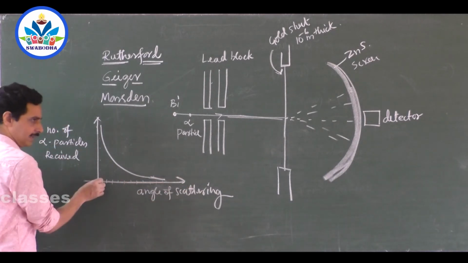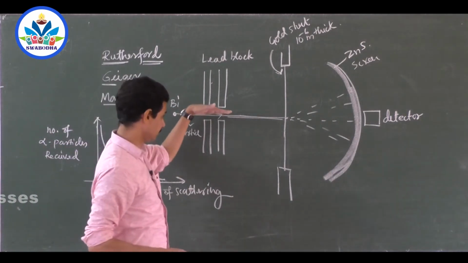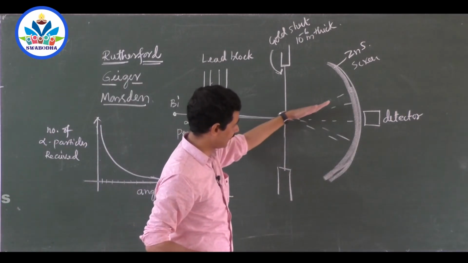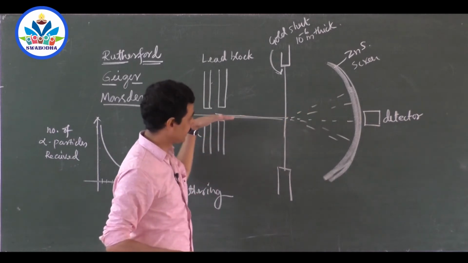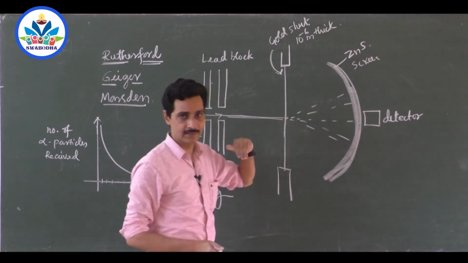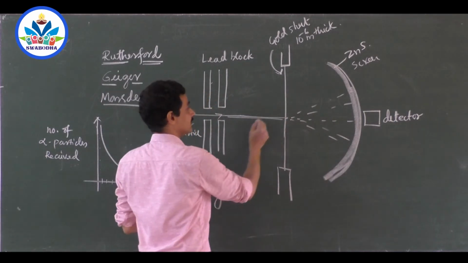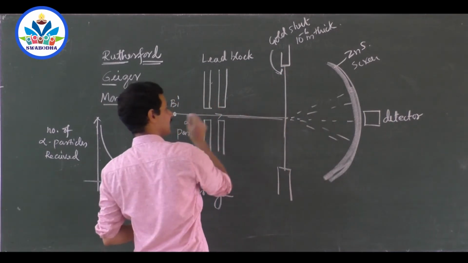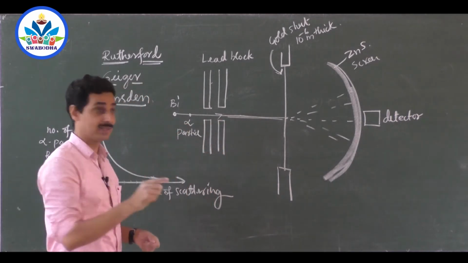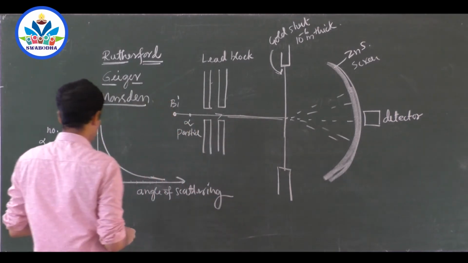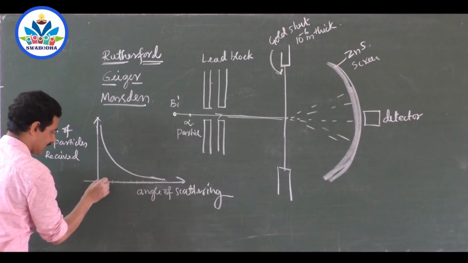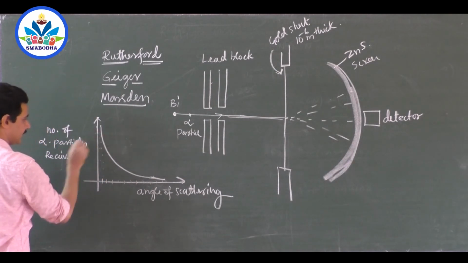For 10 degree angle of scattering, the alpha particle which went like this and bent very little, or the alpha particle which has bent much more, some alpha particles going like this, some alpha particles returning back, more angle, 180 degree, returning back means 180 degree. If you look at small angles, you will find that the number of alpha particles is more.